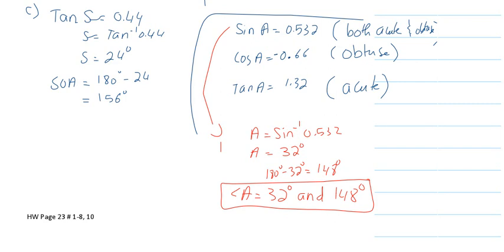Do you guys get that? Now, can you guys do me a favor and find the one for cos. So what did you find? When you did negative 0.66, did you do cos inverse of negative 0.66? Yes. And what did it give you? 49 degrees. You did not do the negative. 131. Is that obtuse?